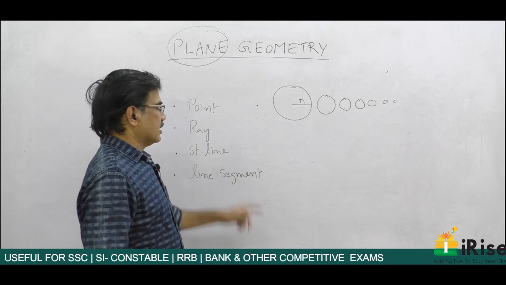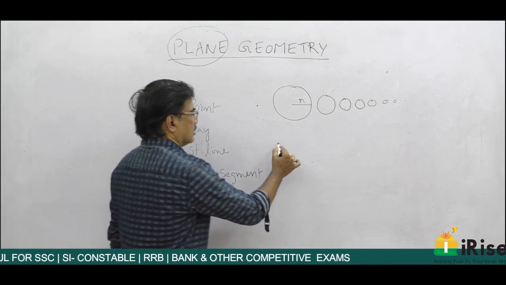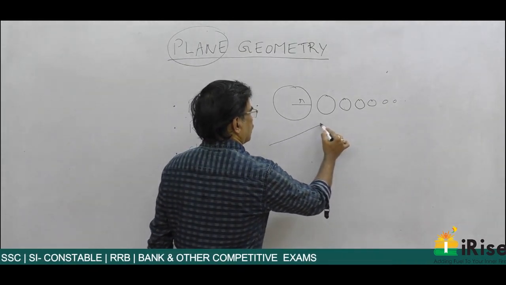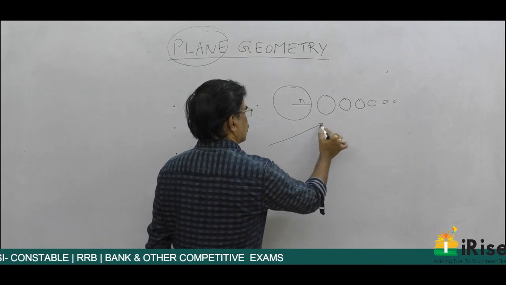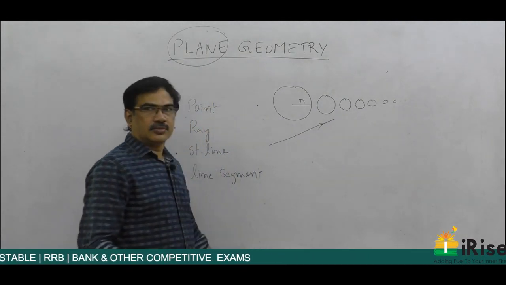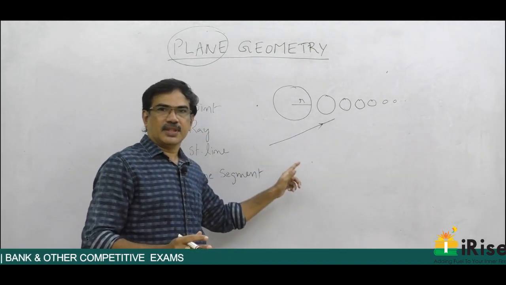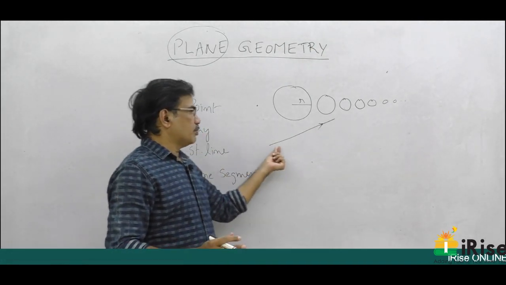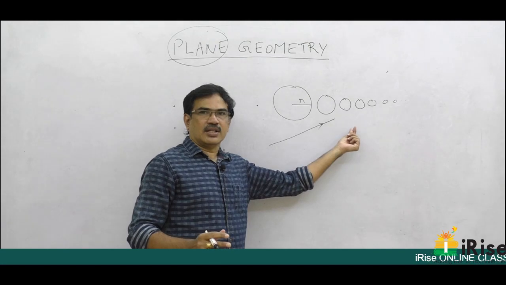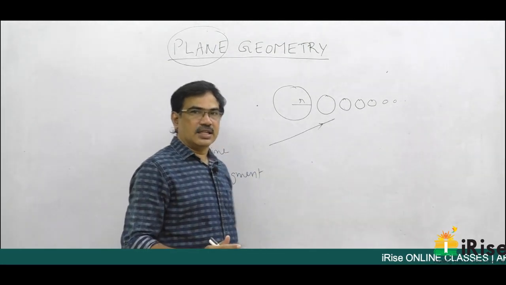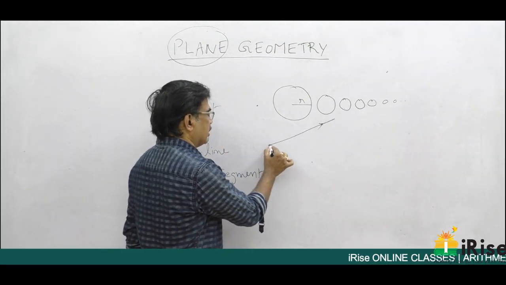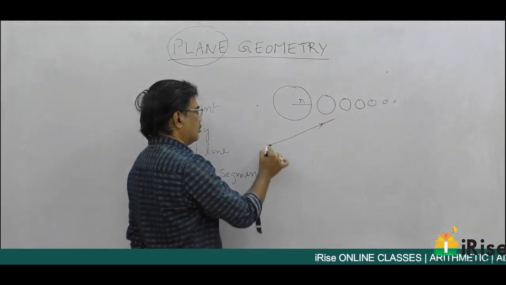What is a ray? A ray is the locus of a point which moves only in one direction. The locus is nothing but the path of the point. It has an initial point but not a terminal point.